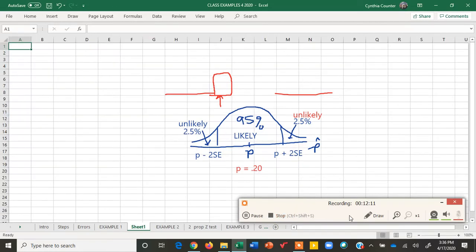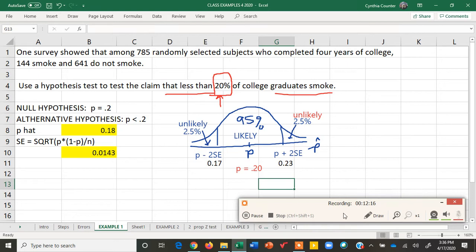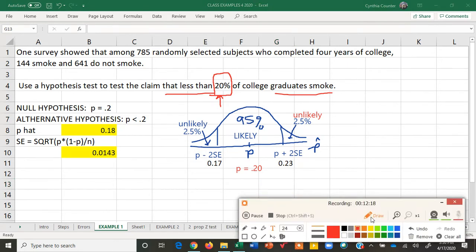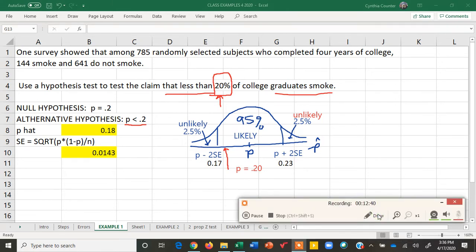Our computed p hat is about, not exactly, but we know it's going to be over here on the left side, right? It's going to be here on the left side. That was why we talked about an alternative hypothesis of less than.